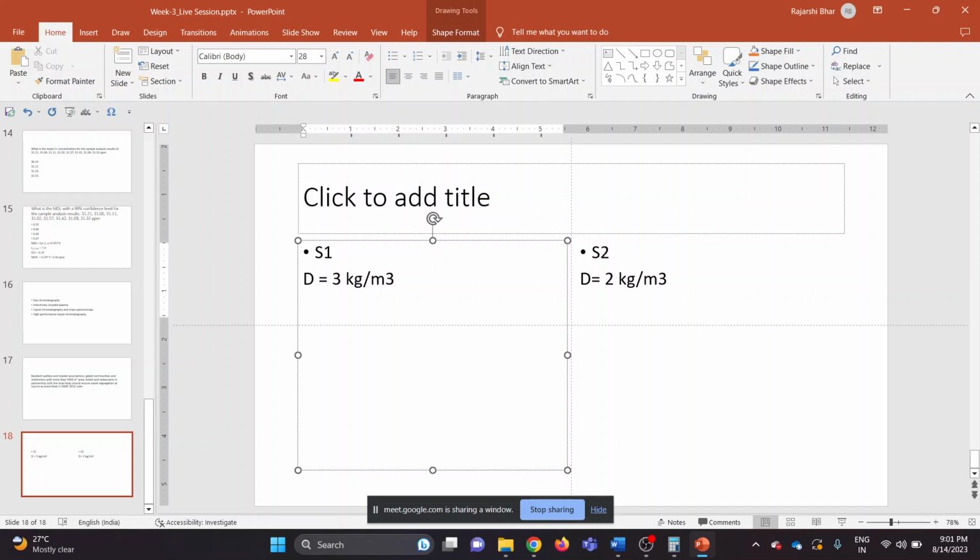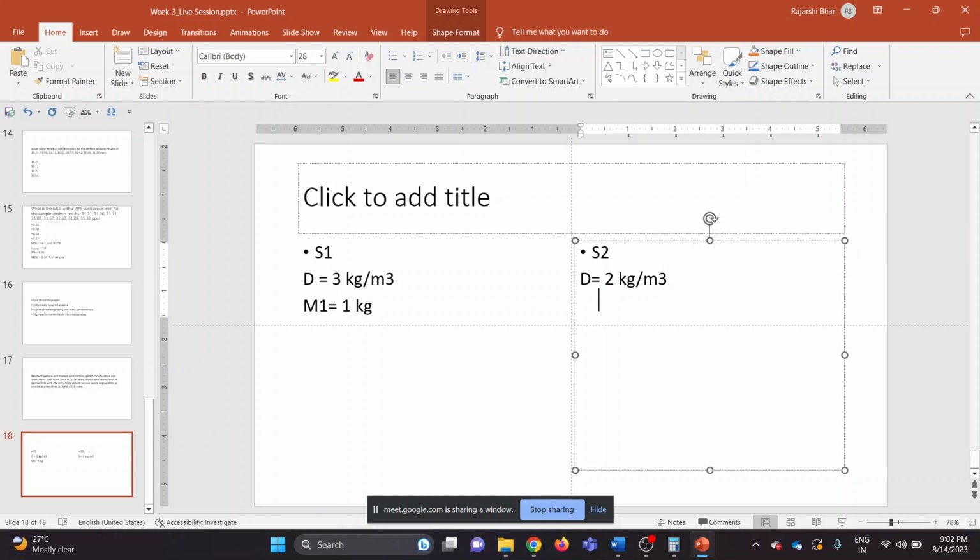Now you have to determine, let's say the scenario is you are mixing 1 kg of S1 with 2 kgs of S2. So in total you have 3 kg and you want to get its overall density. We calculate it like this. For S1, M1 is equal to 1 kg, and for S2, let's say M2 is equal to 3 kgs.